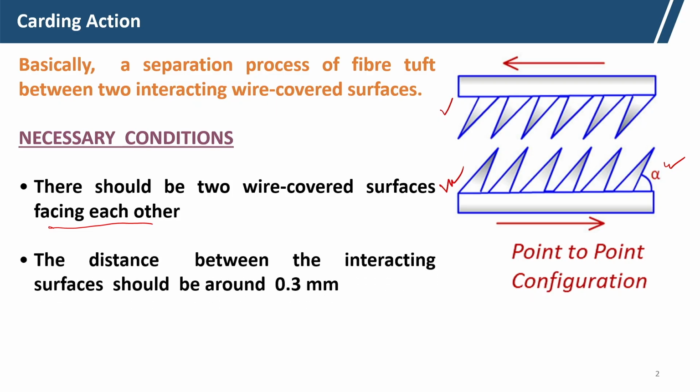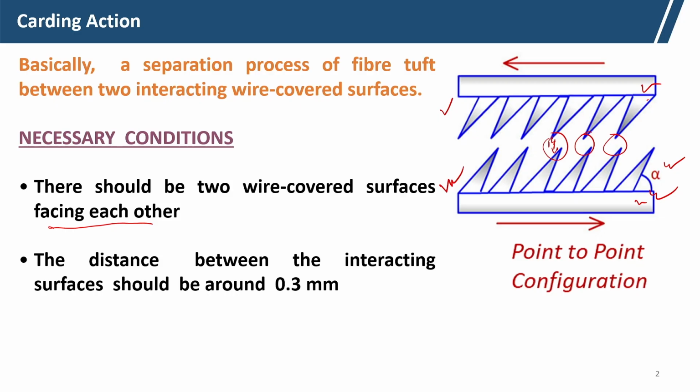The second necessity is the distance between these two wire points. It cannot be 0 or very low, because otherwise they will touch each other, and it will damage the wire points if it is too close, because these two surfaces move either in opposite direction or in the same direction, but there will be some relative motion, and due to that there may be some damage.